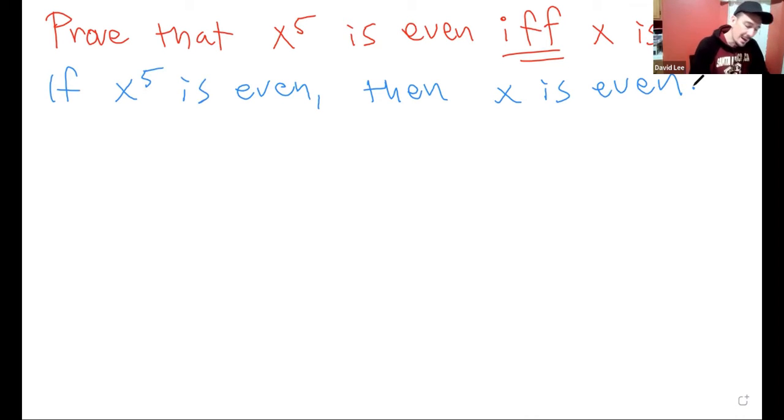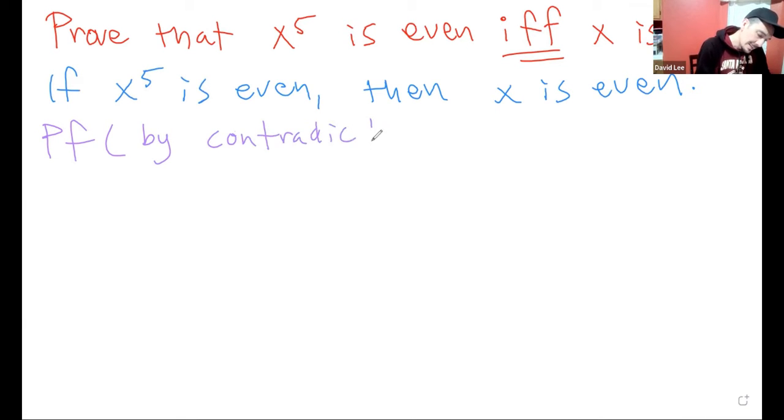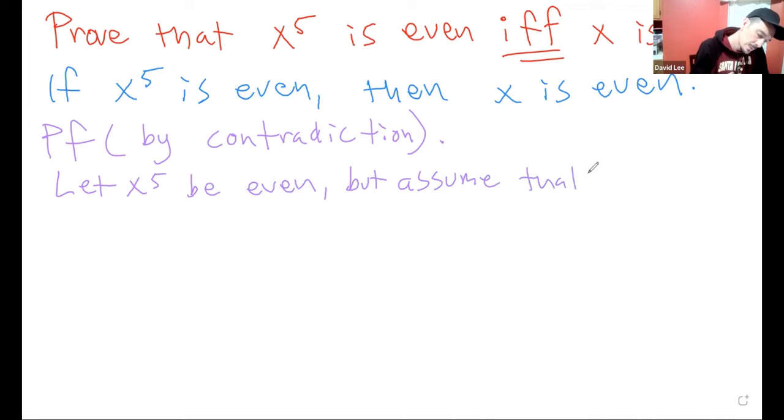And why don't we actually accomplish this? Let's do a proof by, you can probably anticipate what I'm going to say here, a proof by contradiction. Yes, a proof by contradiction. So why don't we let x to the fifth be even, but assume that x is odd.